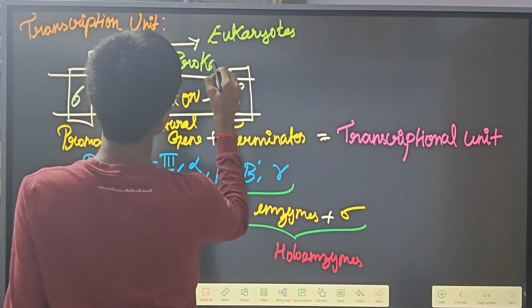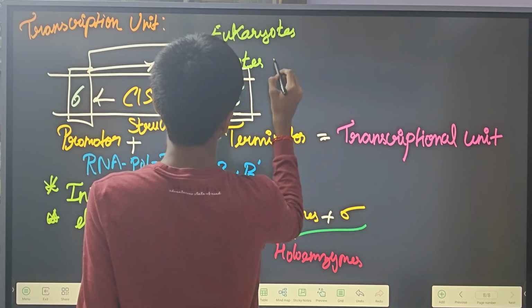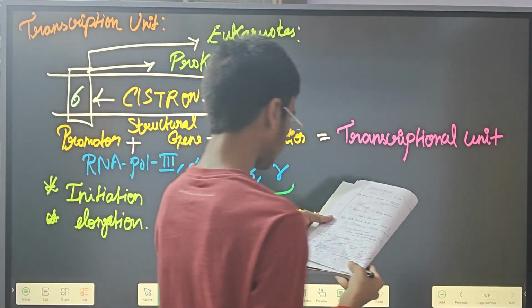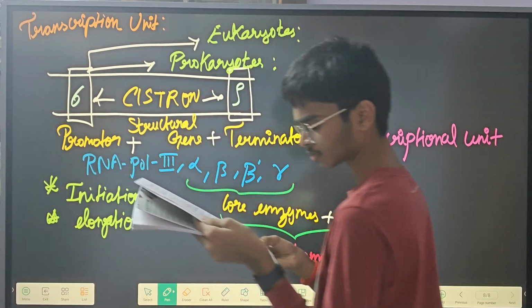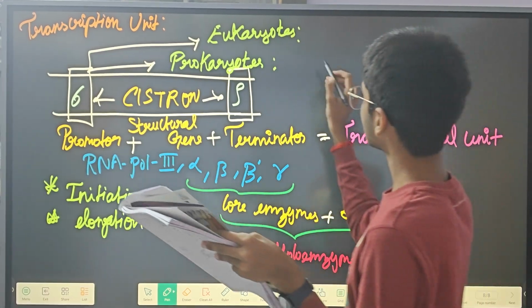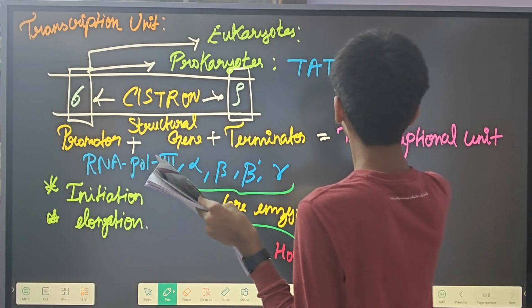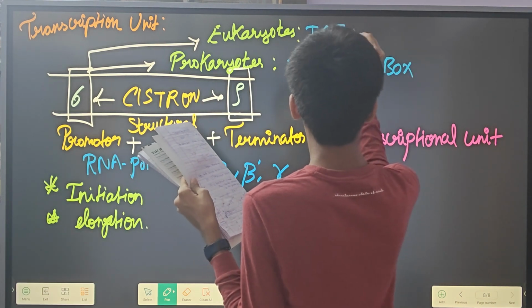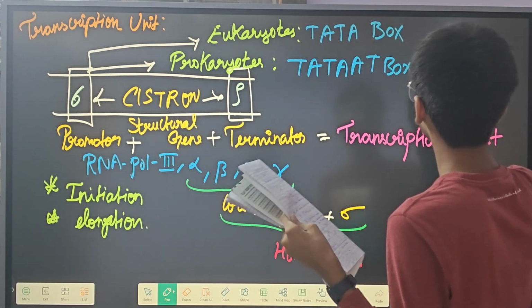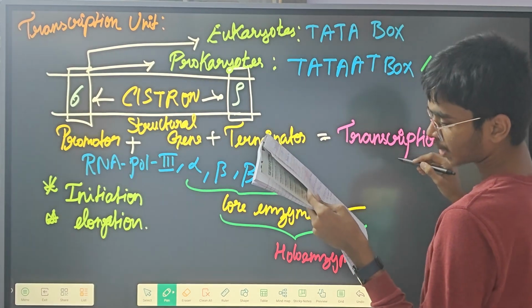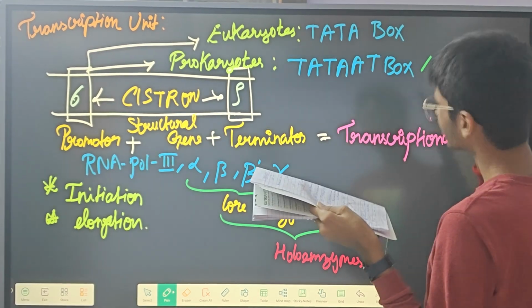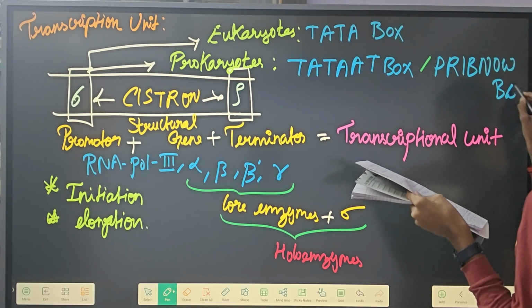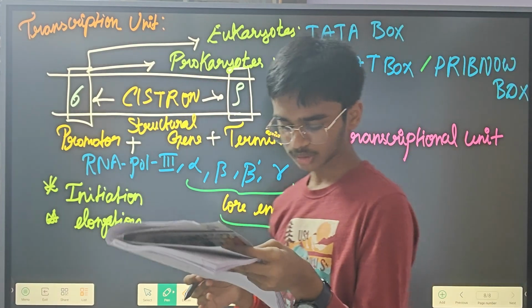In prokaryotes it is located at the Pribnow box, also known as the TATA box.